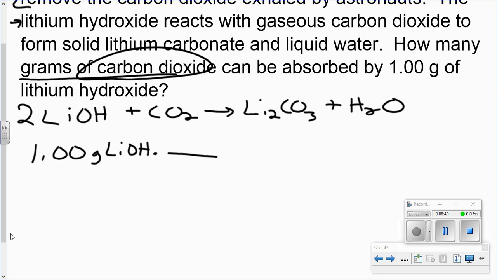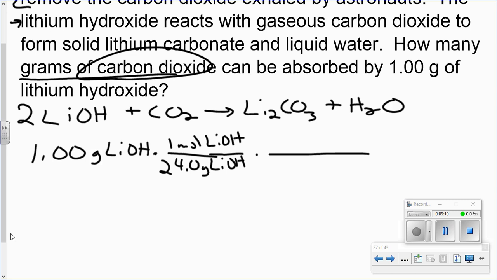I need to add up lithium hydroxide, so that's 7, the molar mass of lithium, plus 16 plus 1 is 24. 24.0 grams of lithium hydroxide is on the bottom to 1 mole. Notice I'm at 1 mole of lithium hydroxide. Remember, the only time you could get a number other than 1 is in step 3.